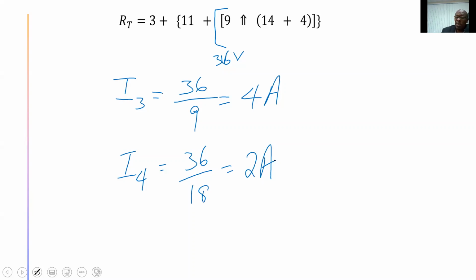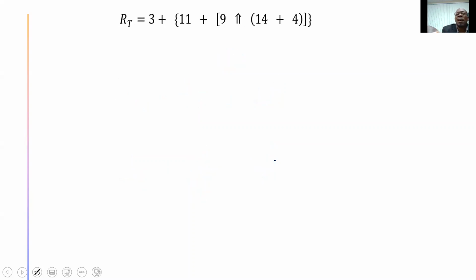So I now know that 2 amperes will be going to the rest of the circuit. And what does the rest of the circuit consist of? A 14 ohm resistor in series with a 4 ohm resistor. So it means therefore that the same current would be passing through both resistances. So I4 would be equal to I5, which is equal to 2 amperes. So we have I1, and I didn't really need to look back at the circuit, I'm just using the equation.